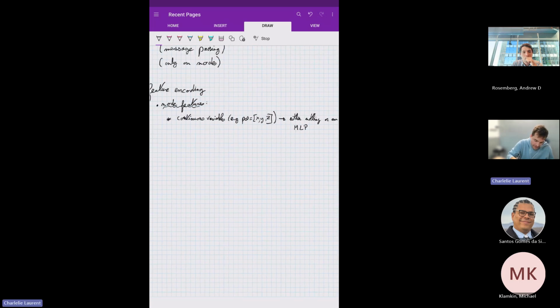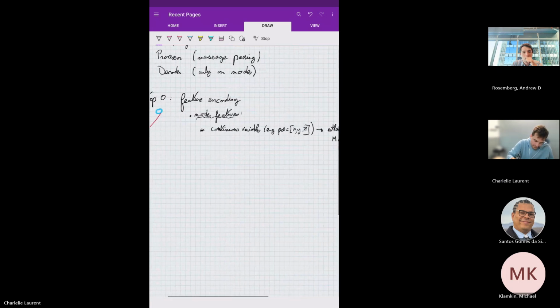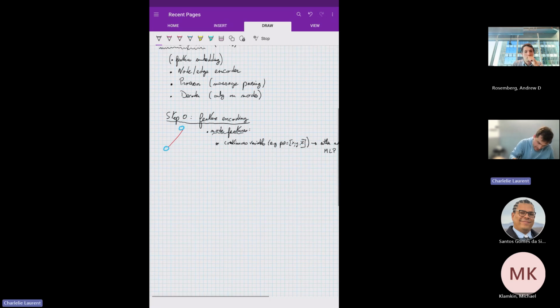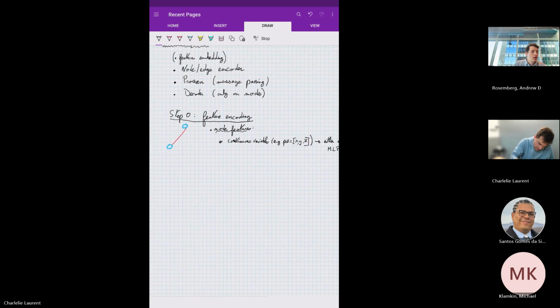Something I didn't mention is that in a mesh GraphNet, or in any graph neural network, let's say you have a graph with n nodes.